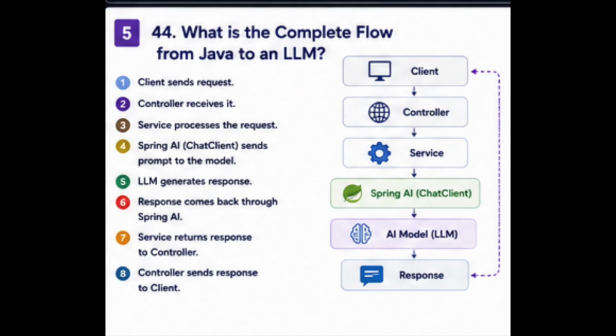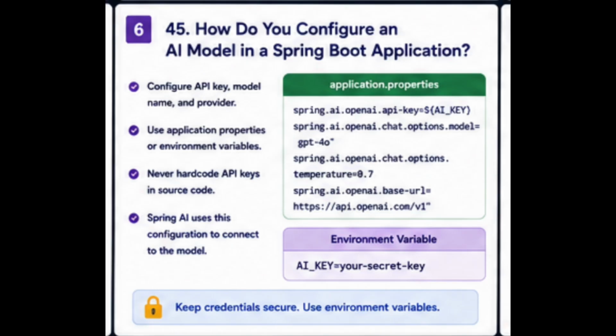the client. To use an AI model in a Spring Boot application, we generally need to configure the model provider and the required credentials. For example, the application may need an API key, the model name, the provider configuration, and other model parameters. The API key should not be hard coded directly in Java source code.